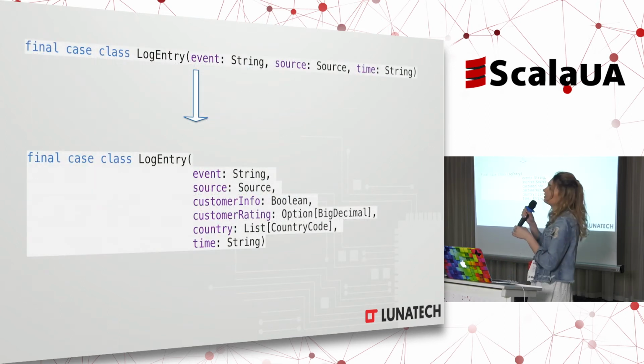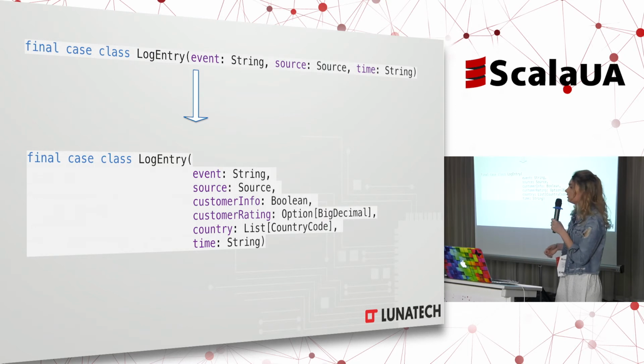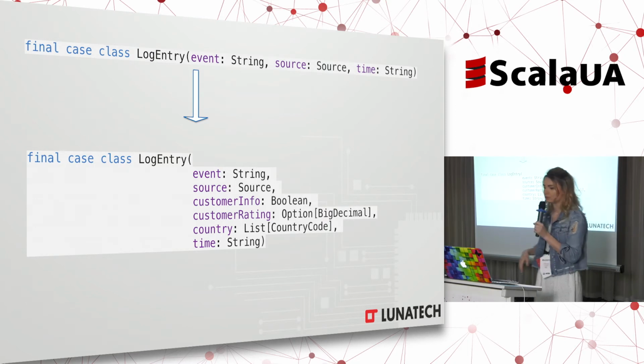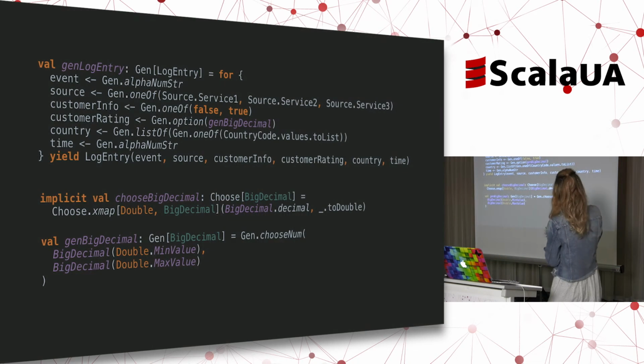Now I was thinking about more complicated stuff. What could you possibly want to add? Boolean, option, or BigDecimal, and ScalaCheck doesn't have a native generator for the BigDecimal, so you would need to write it on your own, and a list of some domain object as well. So this one is more complex, and as I said, ScalaCheck doesn't have the generator for the BigDecimal, so you would want to write one.